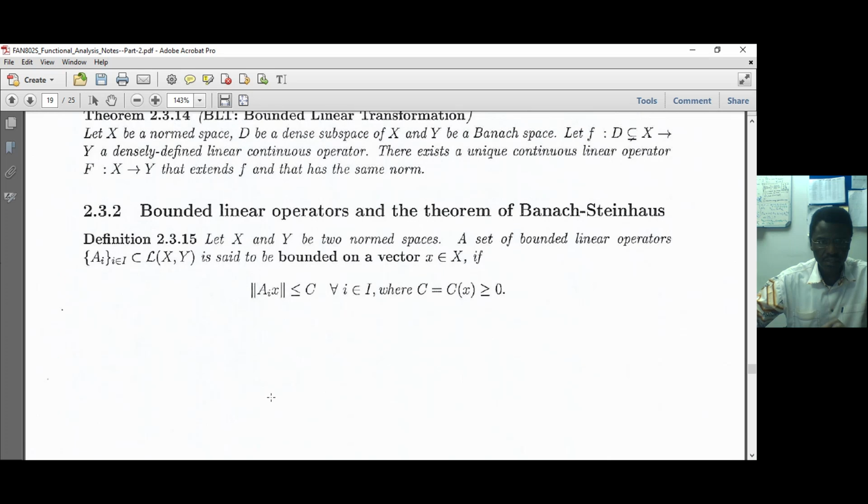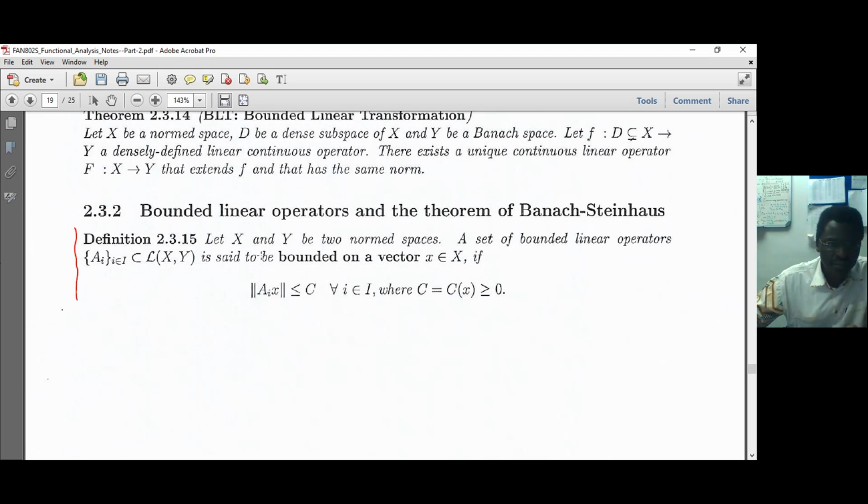introduce the definition of a sequence of operators that is bounded at a particular vector.